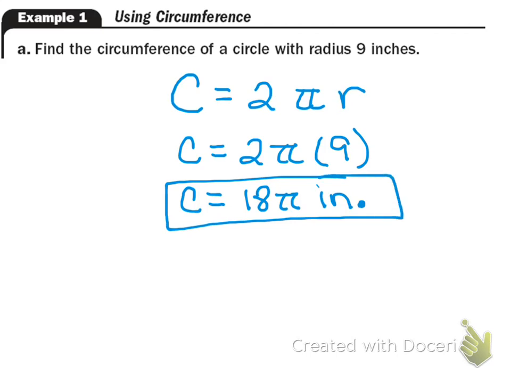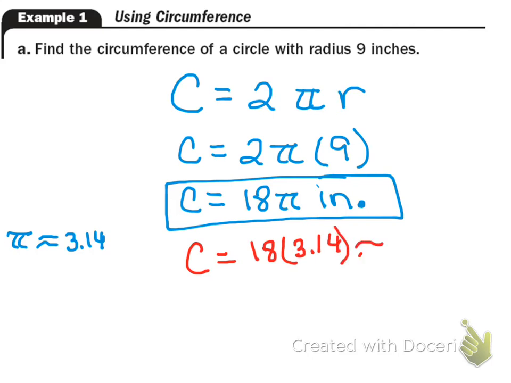In some problems, they will tell you to use pi is approximately equal to 3.14. If you're asked to do this, then where pi is at, you could put in the 3.14. And you could say that it would be equal to 18 times the 3.14.